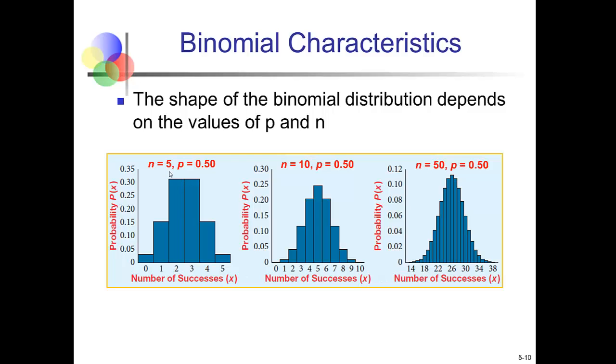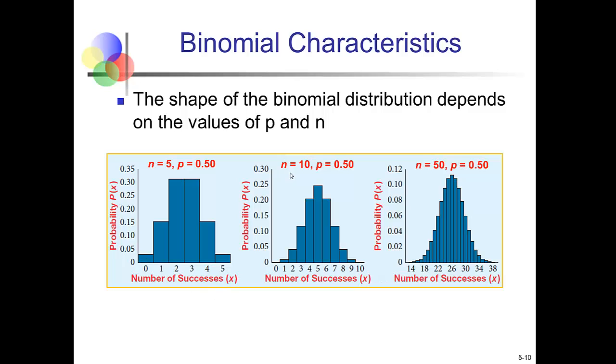If there are 5 observations and we expect half of them to be successes, then we expect about 2.5 successes, and the distribution will be centered around that. N equals 5, we get only a few bars across 0 to 5, and we see a pretty good probability at each of those possible numbers of successes.